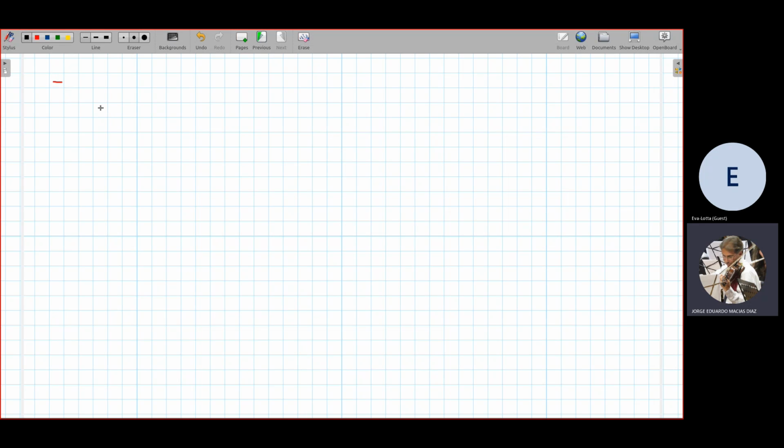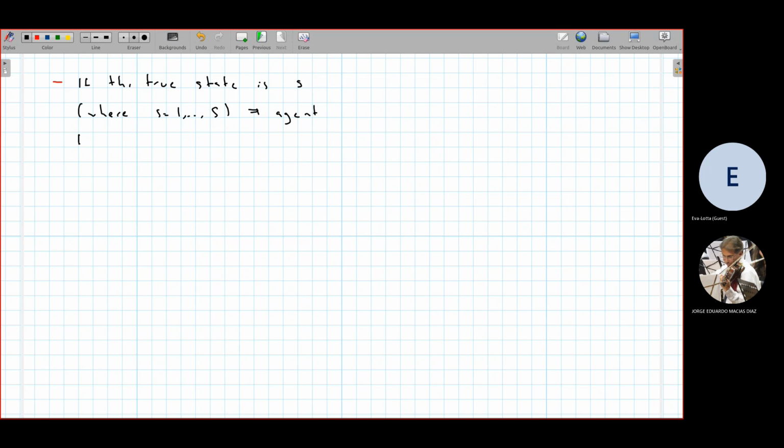Another assumption is that, let's say if the true state is just s, and remember, s can be any number between 1 and capital S, then in this case the agent has an endowment which is going to be represented by w subindex s, and this is a number in R plus.